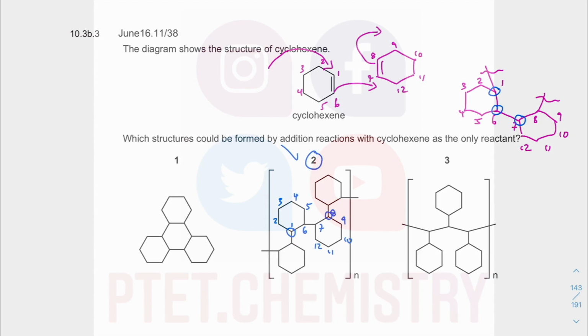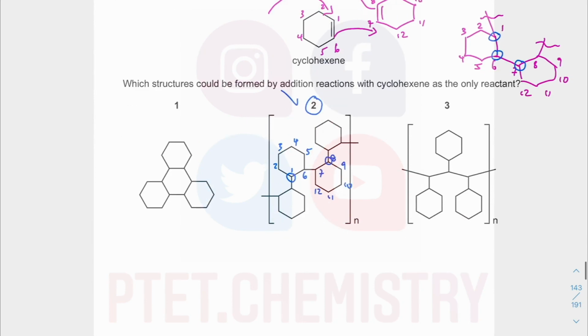How about number 1? If I check number 1, how can you get number 1? If I have that, and if I have this, and if that is added to that, that is added to that, that is added to that, then that thing becomes that single bond there.